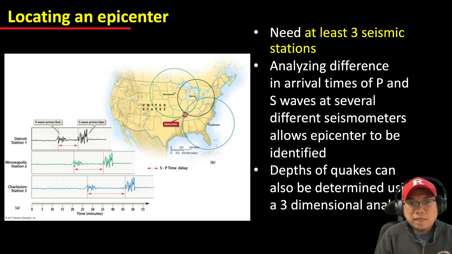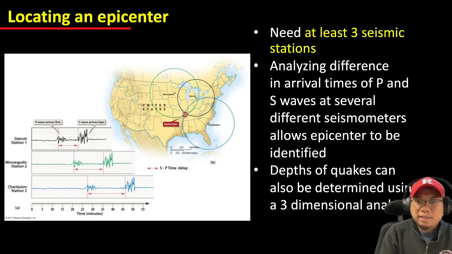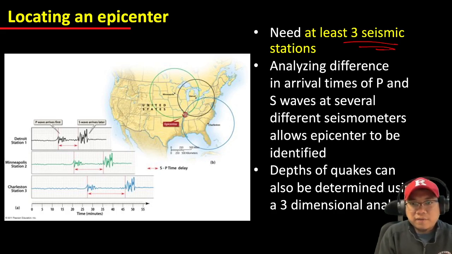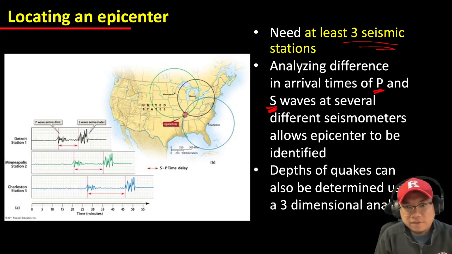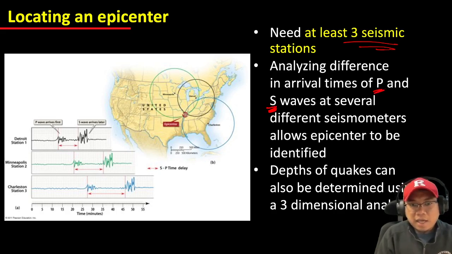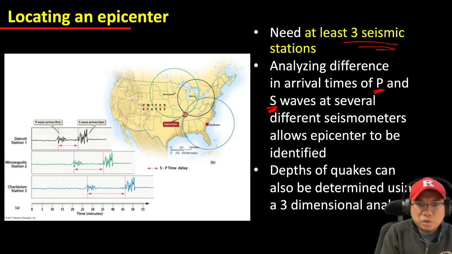In order to locate an epicenter, we need to have at least 3 seismic stations, because each of the stations will analyze the difference in arrival times of P and S waves at several different seismometers. And each seismograph or seismic station will generate a circle that illustrates the distance of the epicenter from that seismic station.